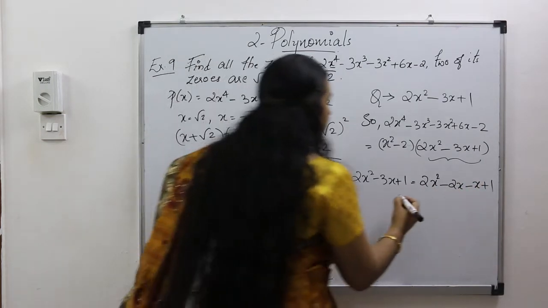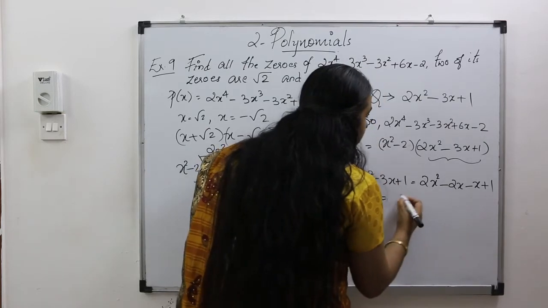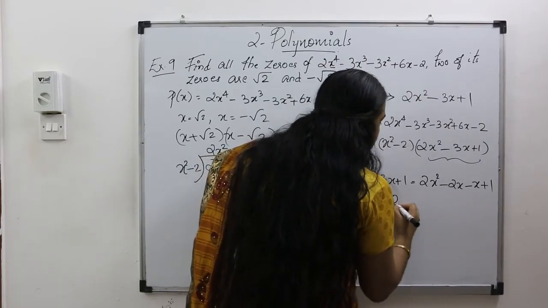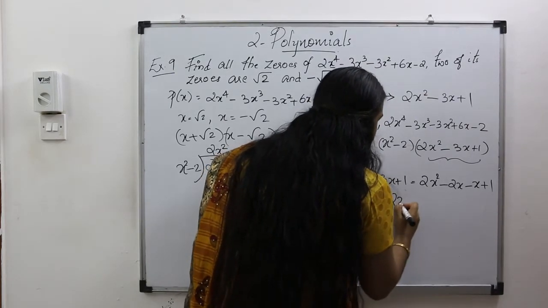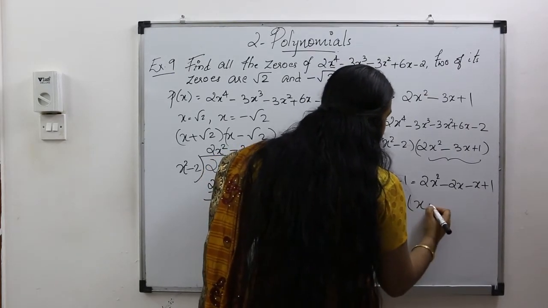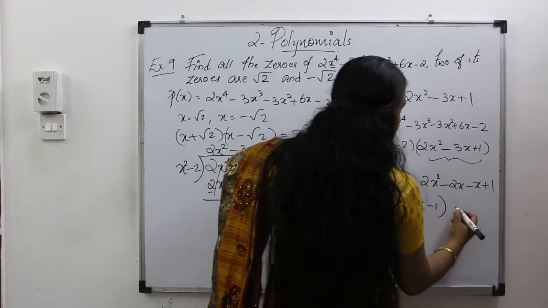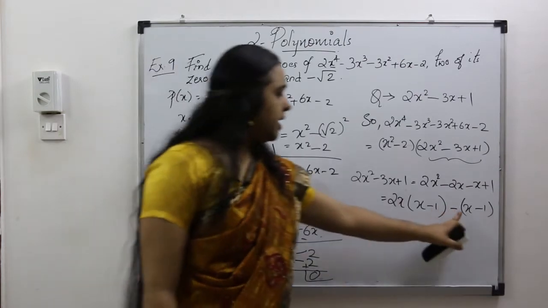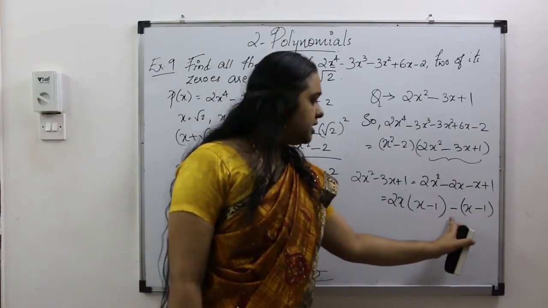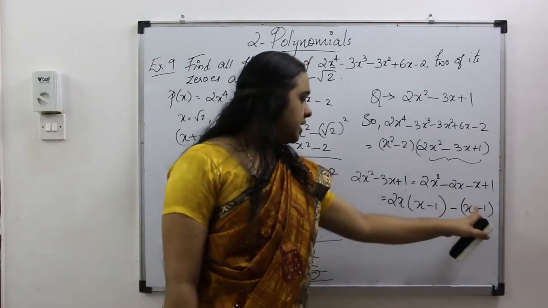Okay. Then what we will do? We will take the common factors out. From this we will take 2x common, 2x into x minus 1, minus x minus 1. Okay. Minus x minus minus 1 is plus 1. So minus x minus 1.